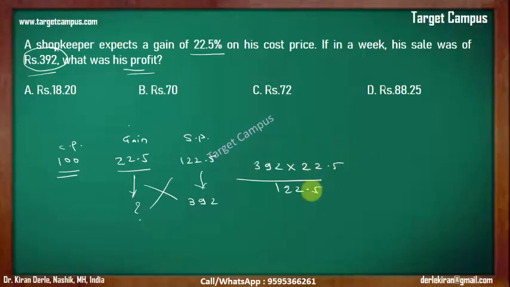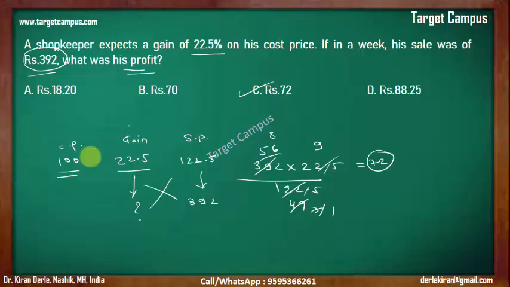So let's see, this goes out, this goes out, 25 by 25, 25 4s, 25 9s, 49. This may be divided by 7: 7 5s are 35, 7 6s are 42... 7 7s are 49, 8 into 9 is 72. Profit would be 72.